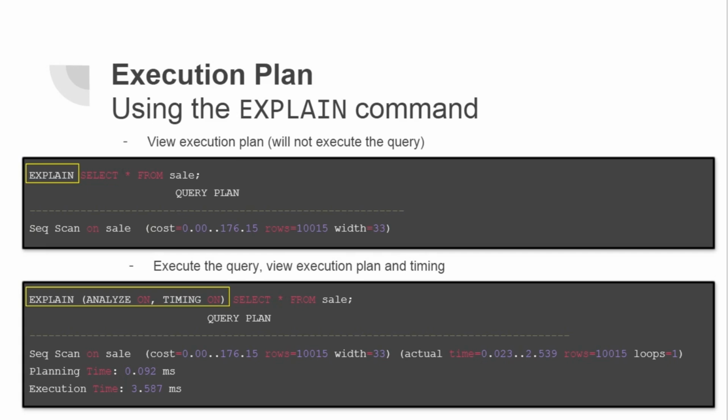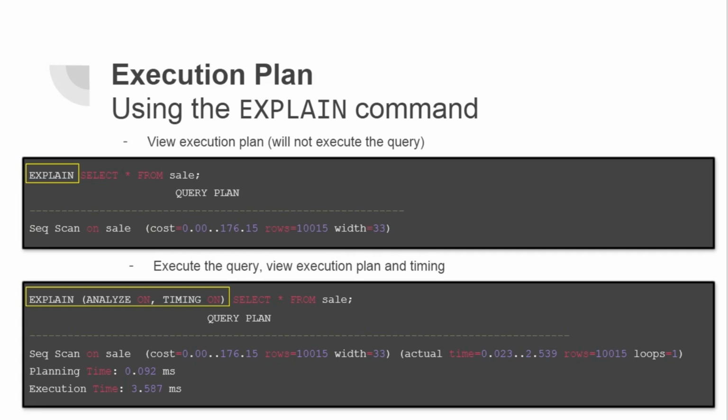It will not execute the query. So you can, for example, time this query, because you just get the time the database took to produce an execution plan. If you want to execute the query and generate an execution plan, you can use this variation of the command.